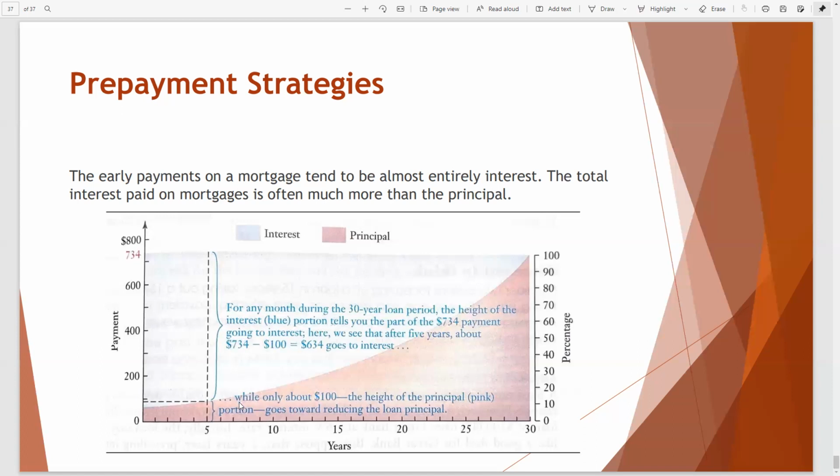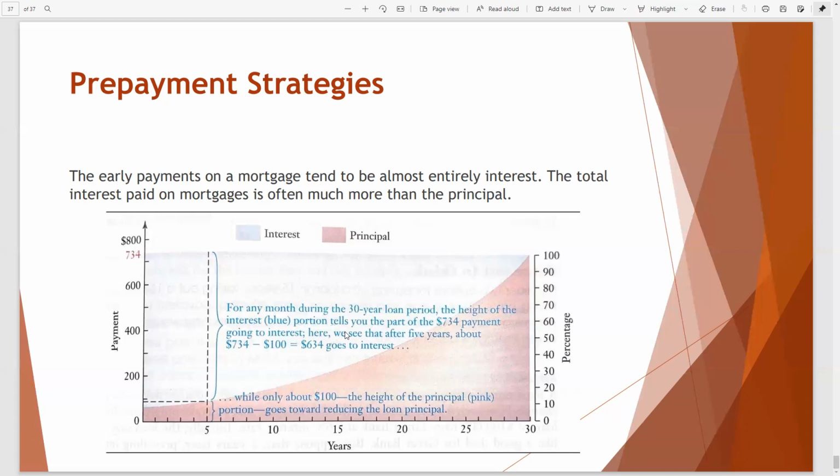And the earlier you pay off your mortgage, like in 10 years, you pay off maybe 70% of your remaining principal, then for the remaining portion, the interest payment will be really small, right? So that is also something you need to consider.